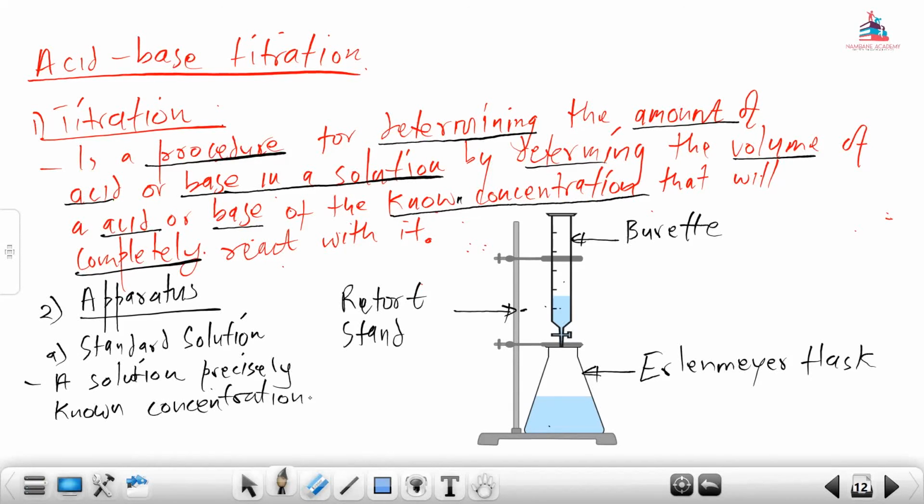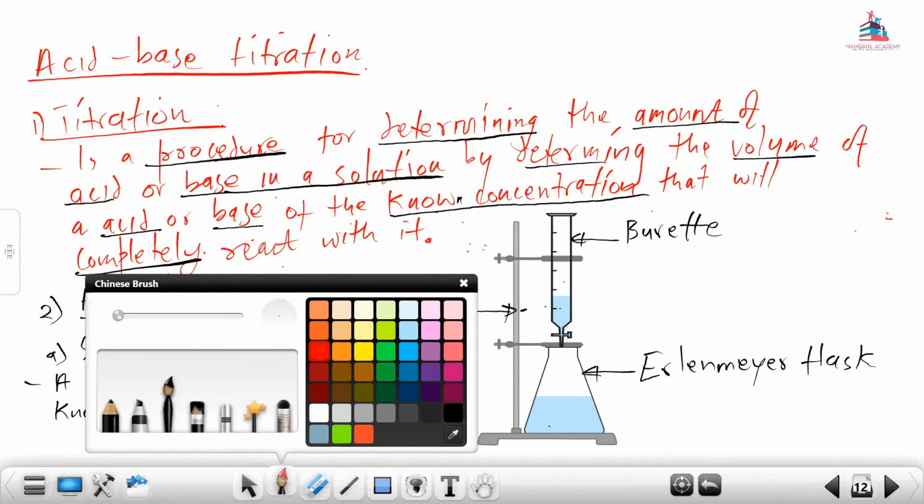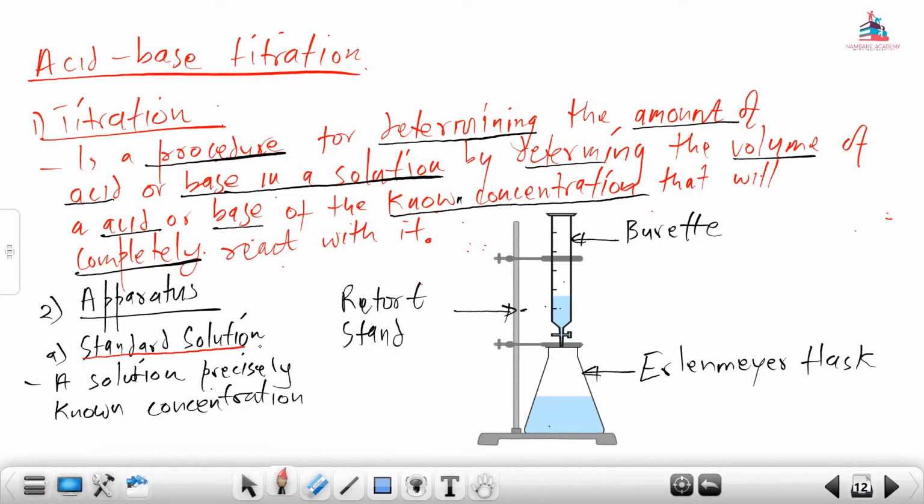100%. So what does this say? It says now, key thing, known concentration. So around the burette and the Erlenmeyer flask, because that is where my liquids are in, there has to be one with a known concentration. And that one with a known concentration is the one that we say it's a standard solution.